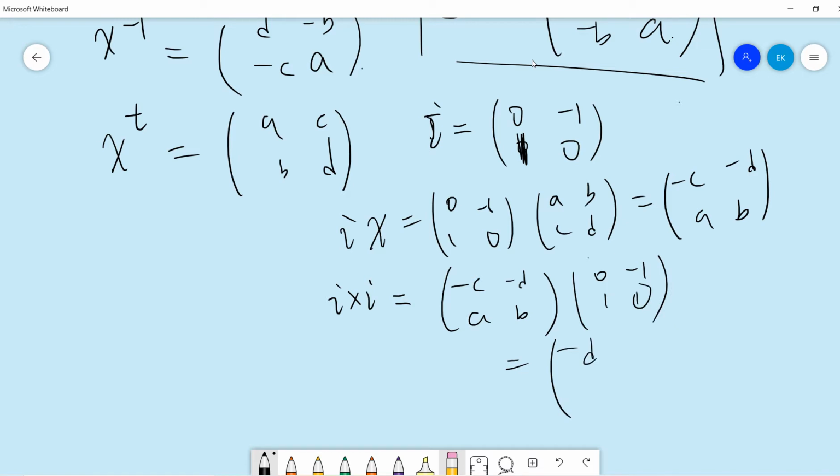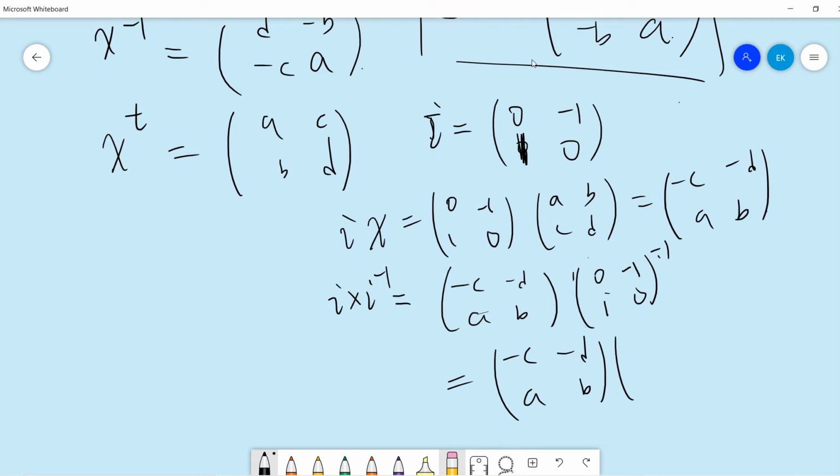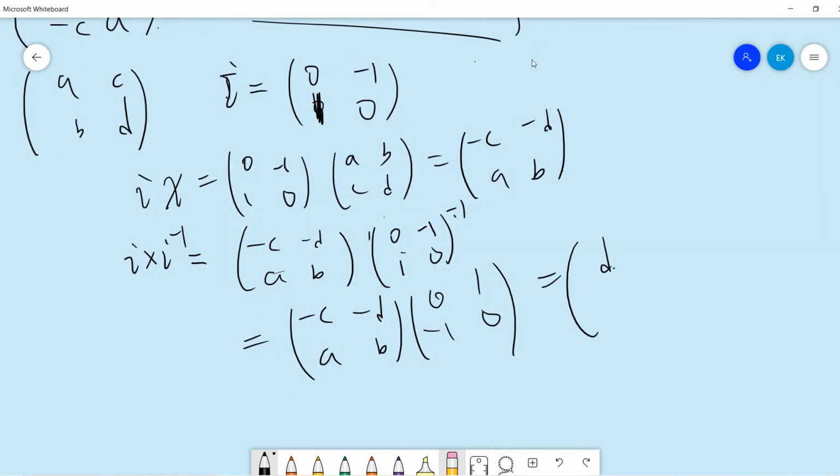Sorry about that, we need to compute, because this is g inverse, I should compute the inverse of this matrix. The inverse is just this, so what we have now is d, minus c, minus b, a.